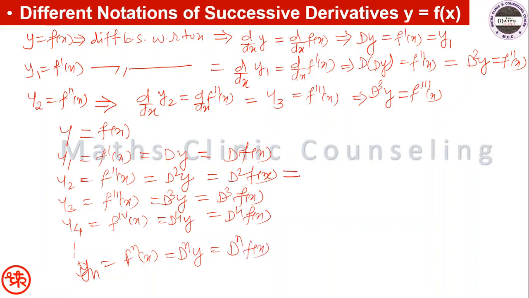So look at here. Now here we can write d square y can be d of dy, right? Similarly, d cube y can be just d of d square y or d square of dy. Okay, means what?